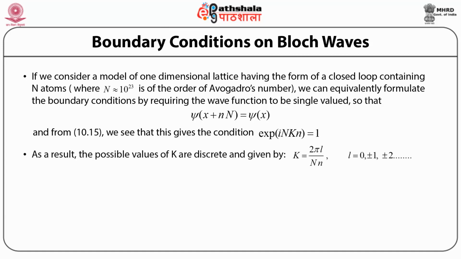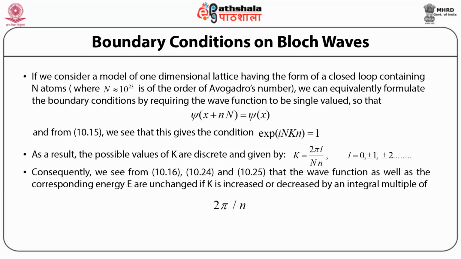As a result, the possible values of k are discrete and are given by k is equal to 2 pi L by small n into capital N, where L takes up the values 0, plus minus 1, plus minus 2 and so on.